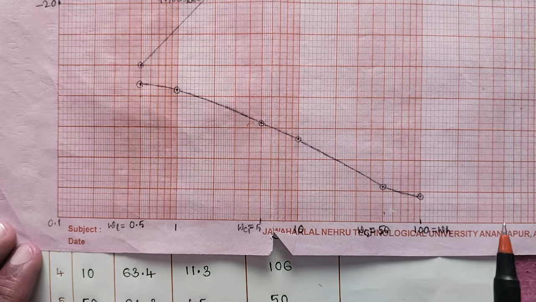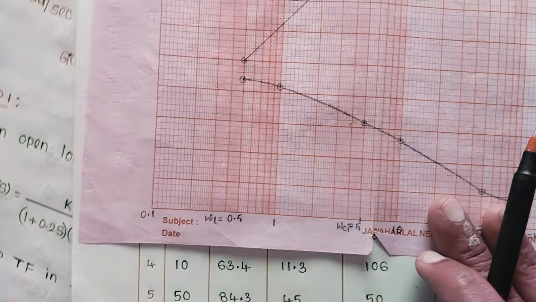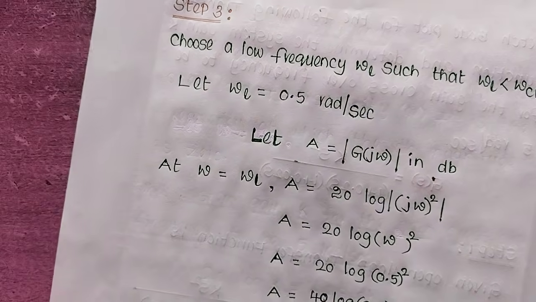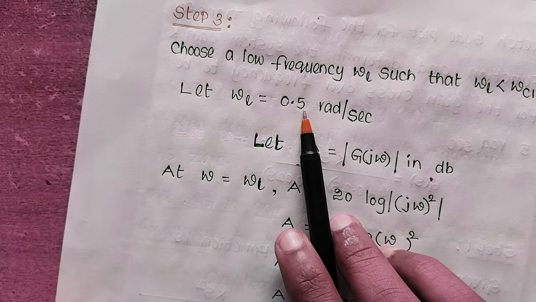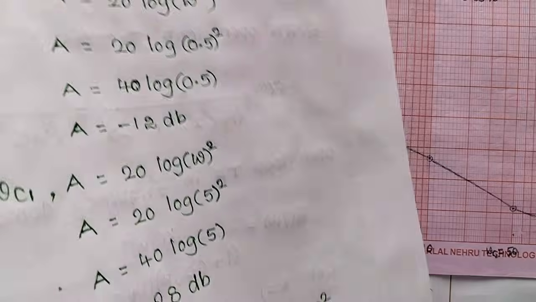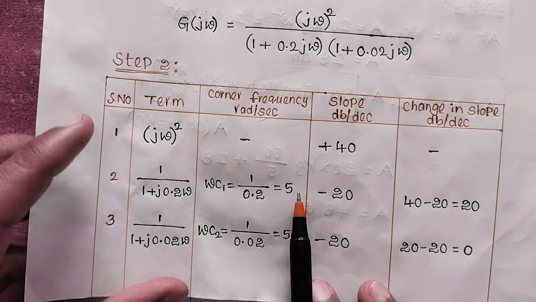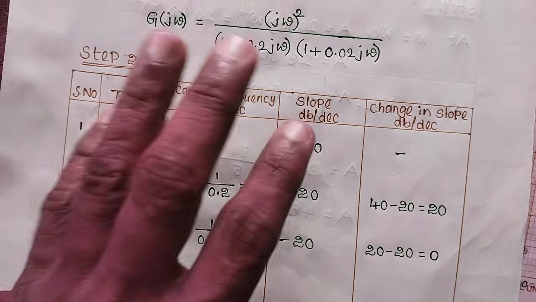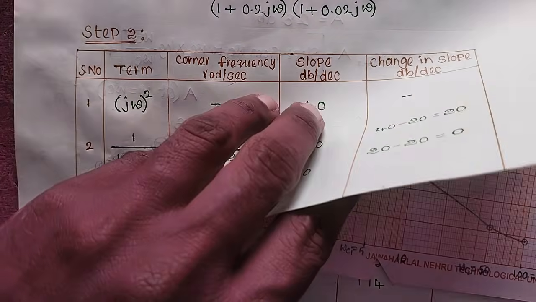So here the different frequencies are: omega L equals 0.5 radians per second, omega C1 is 5 radians per second, omega C2 is 50 radians per second, and omega H is equal to 100 radians per second.